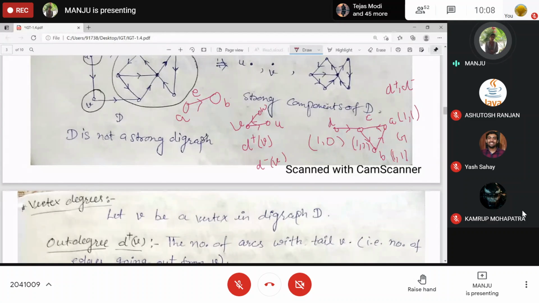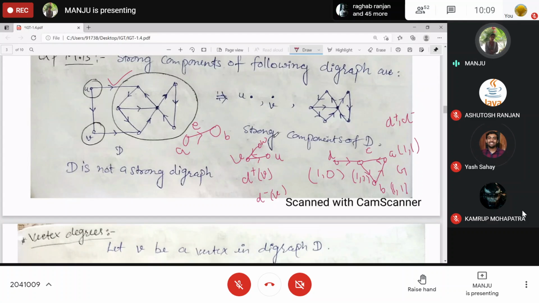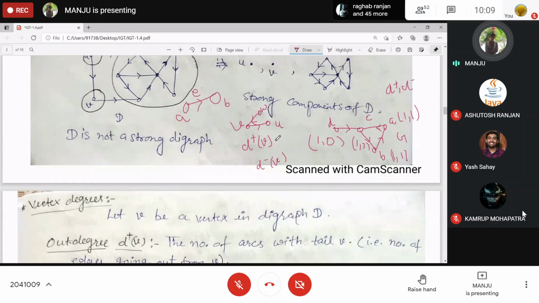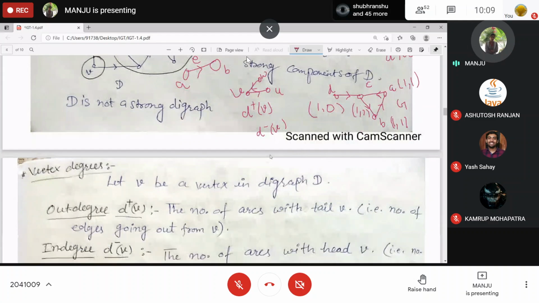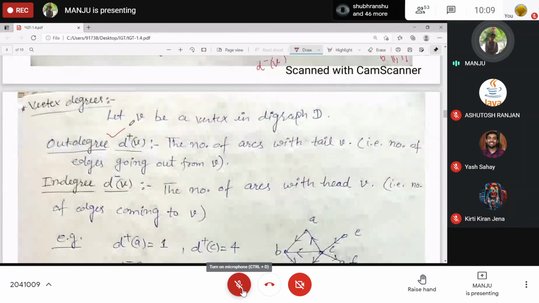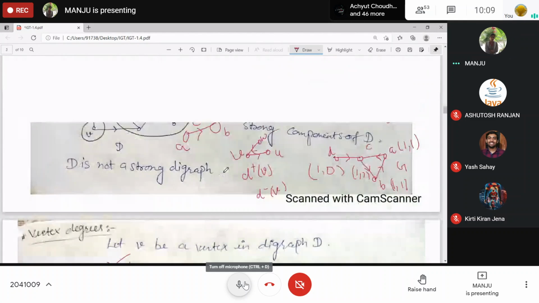That is giving you M. And if you sum up all the out degree, that is, if you count all the tails, that will give you M again. Clear? So that is the first theorem of digraph theory, or degree sum formula for digraph theory, as we did in the graph.